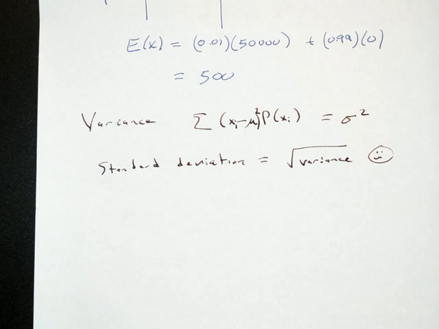They tell me the width of my distribution. They tell me how wide it stretches from that center. If my standard deviation is small, I expect everything to be nice and close around the average. If my standard deviation is bigger, I expect it to be wider and fatter and thus spread out more.